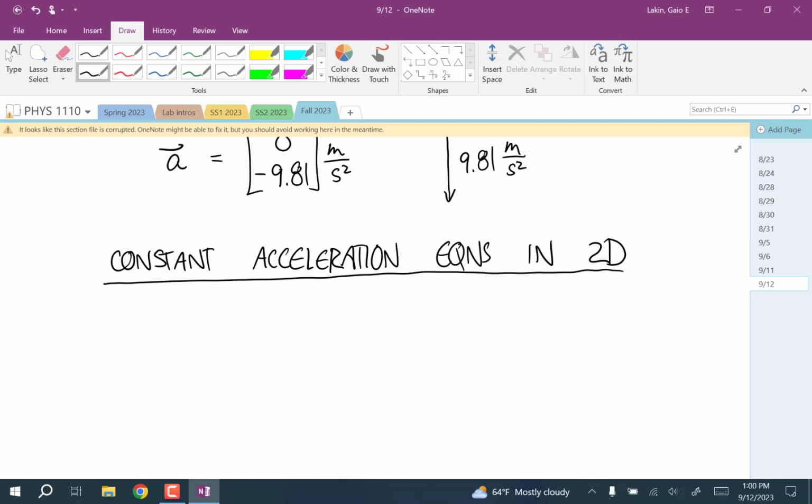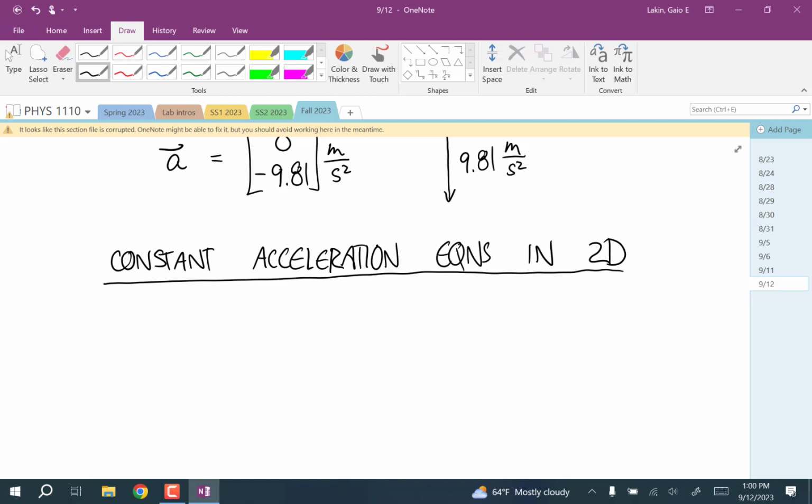I mean, you don't have to remember these. They'll be on tests given to you and everything. But I just want you to notice that the form of these is exactly the same as the form of the 1D constant acceleration equations. The only difference is for the things that are vectors, position, velocity, and acceleration, there's going to be components in all these things. So it's going to look a little messier, but it's the same idea.